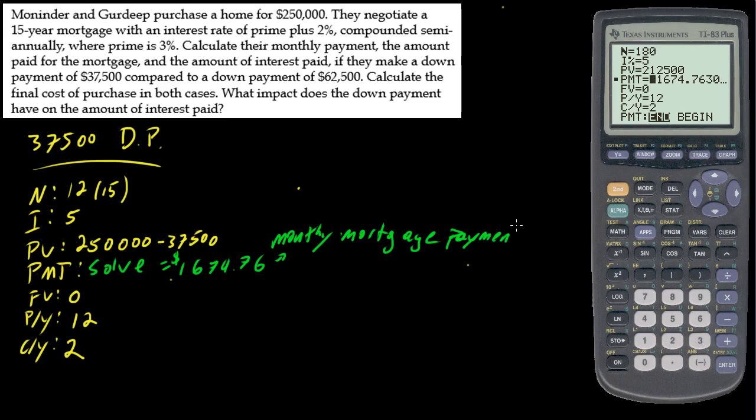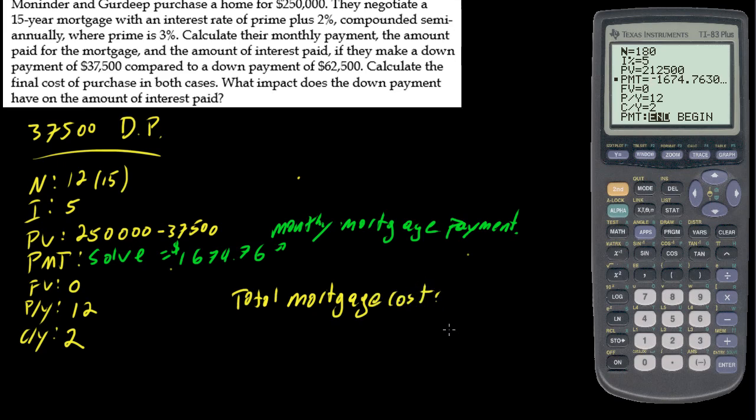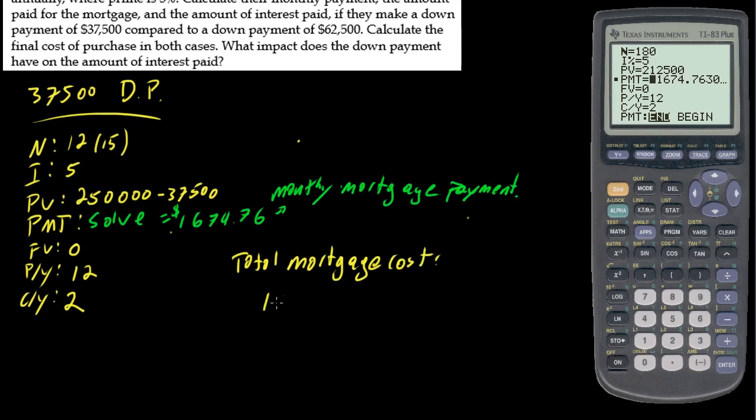Okay, so let's figure out how much we're going to pay for this mortgage in all. So let's go for total mortgage cost. We know that we're going to be paying $1,674.76 per month, and we're going to do this for 12 months of a year and 15 years.